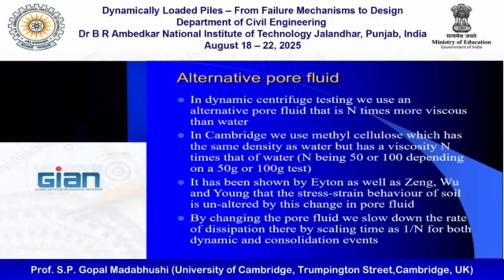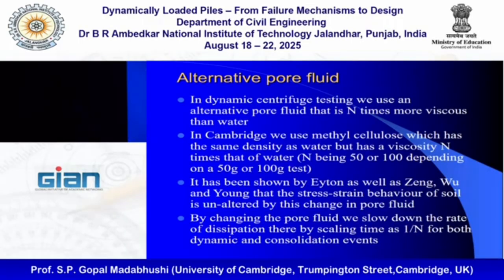More recently, we started using methyl cellulose. Methyl cellulose is very cheap. It's basically cellulose, like rice powder, so you can mix it with water and make soups thicker. For example, when you have soup, it has a lot of methyl cellulose so that the soup feels thicker.